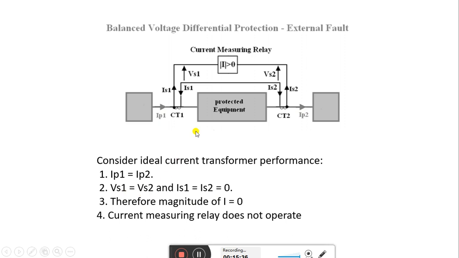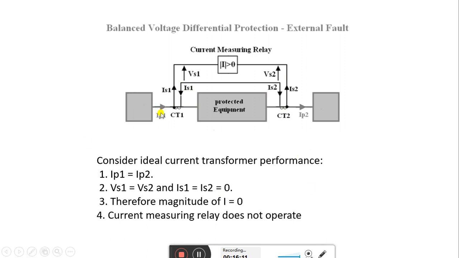Here we are talking about the voltage differential protection. This is VS1 at this end and this is VS2 at this end, between these two wires and between these two wires. So if VS1 is equal to VS2, then IS1 equals IS2 will be equal to 0.